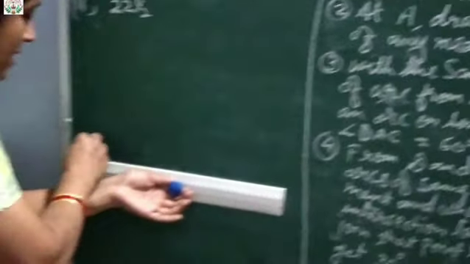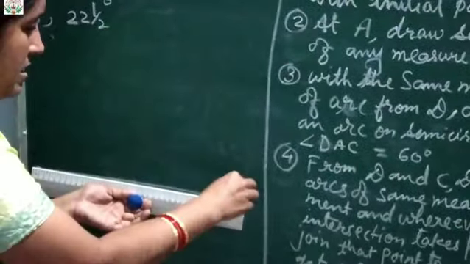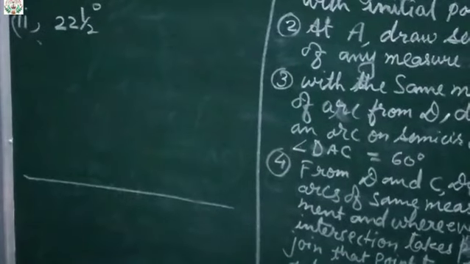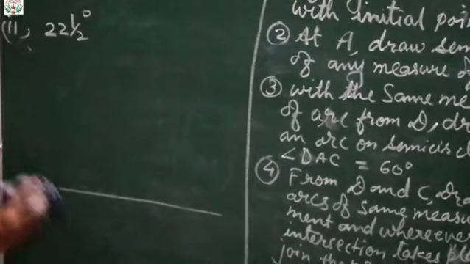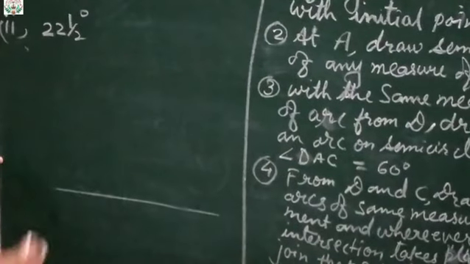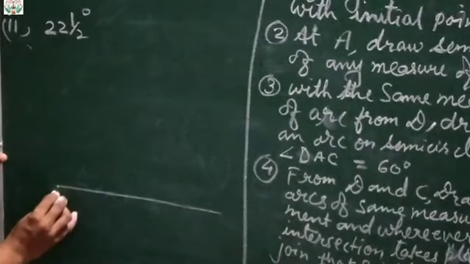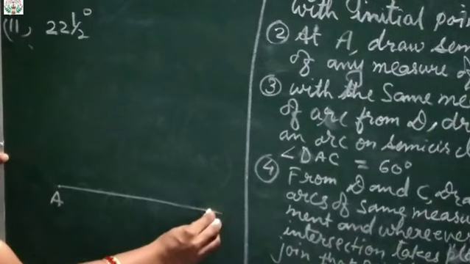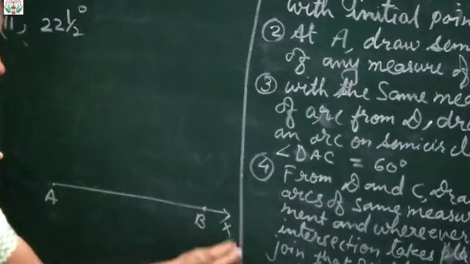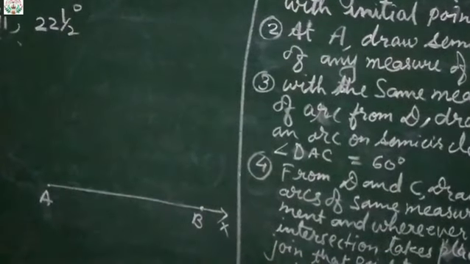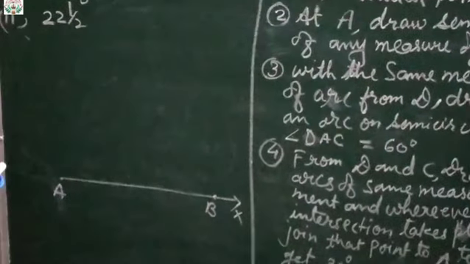Okay, and then to the extreme point we won't go because we have to construct the angle also. So let this be A and this point be B and this is a ray, suppose. That is X. AX is a ray and A is the initial point.